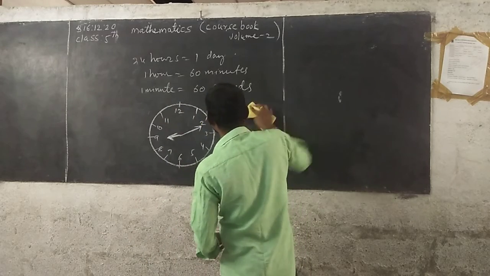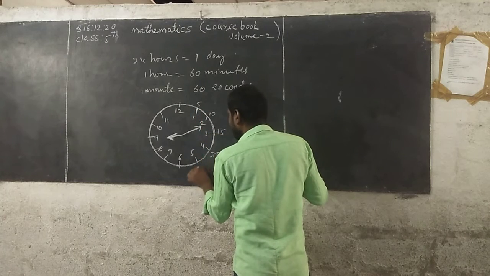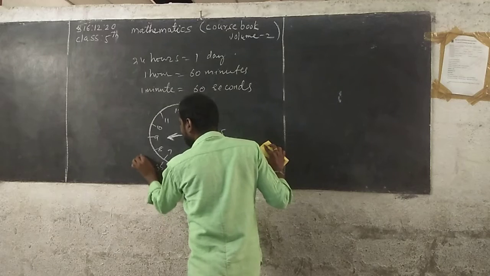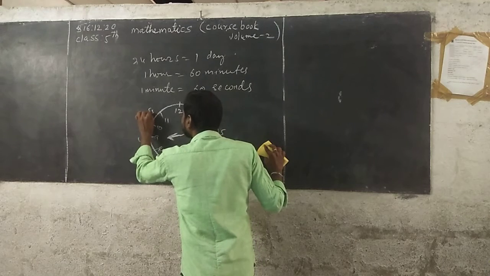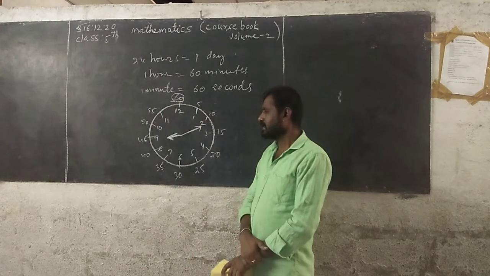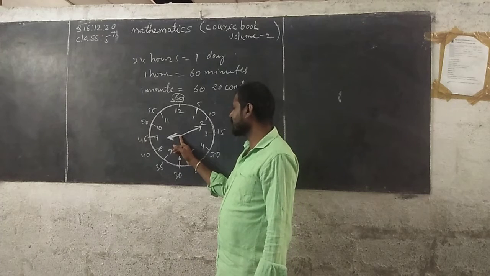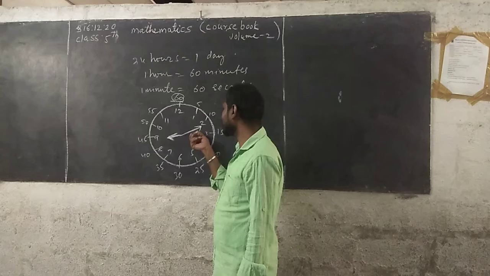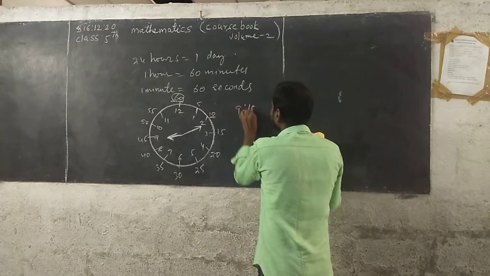Write down once again: 5 minutes, 10 minutes, 15, 20, 25, 30, 35, 40, 45, 50, 55, 60 minutes. So 1 hour. Once again, the hours hand shows 9 and the minutes hand shows 2, meaning 10 minutes completed. The time now is 9:10.